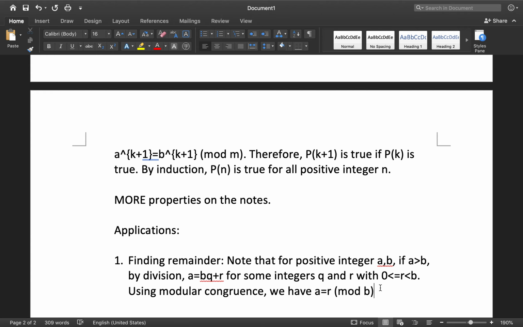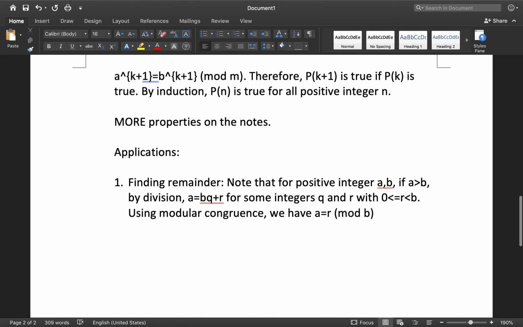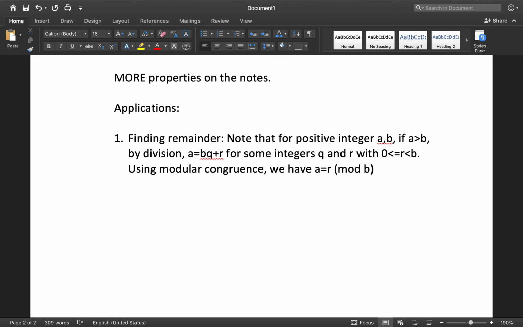So now, this is exactly what you want when you want to find the remainder when one integer is divided by the other: you just have to take congruence.